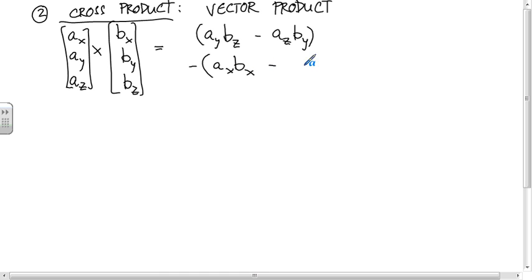AXBZ minus AZ, what did I do? This should have been BZ. And then the third component is AXBY minus AYBX.